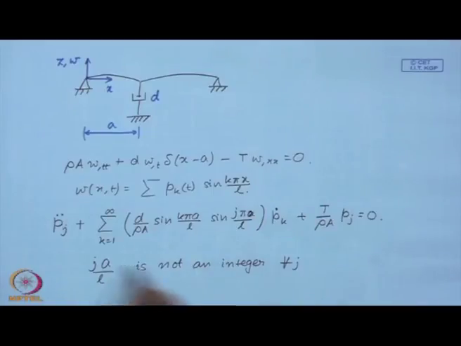So, for this situation, when this is not an integer, what we have is known as pervasive damping.